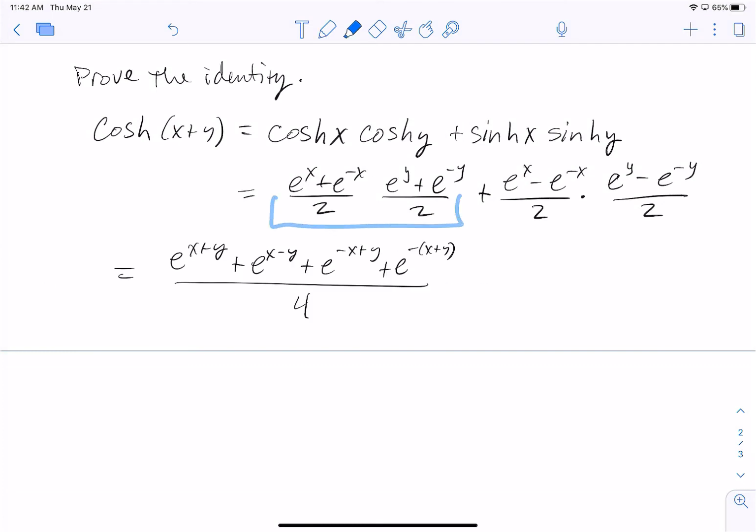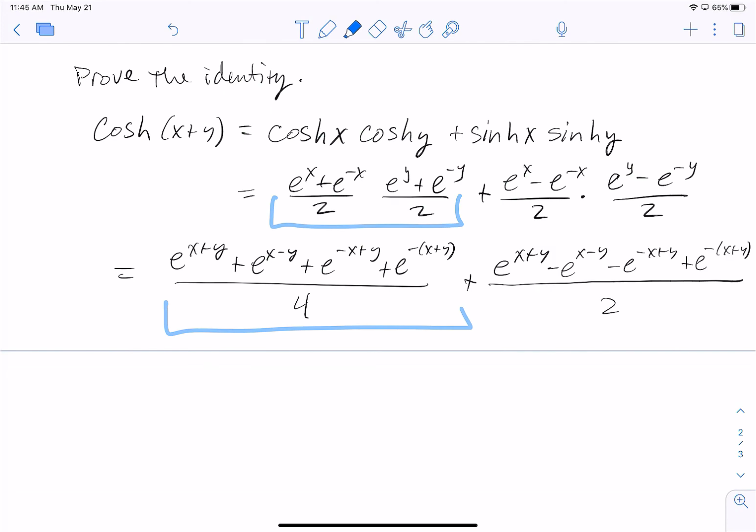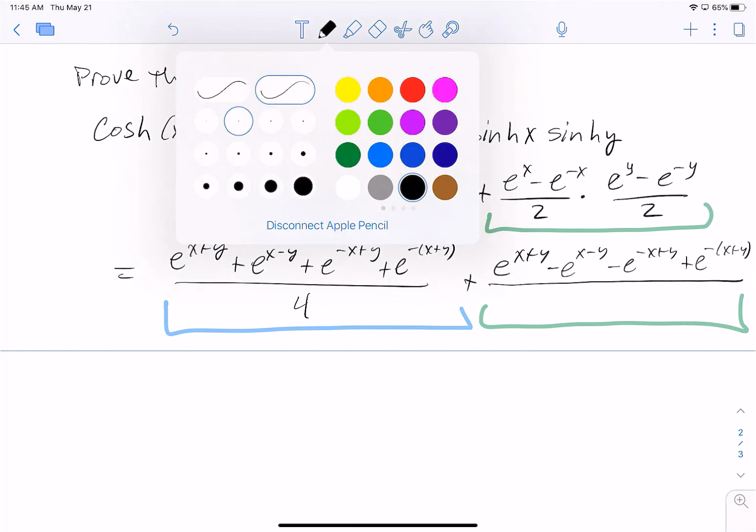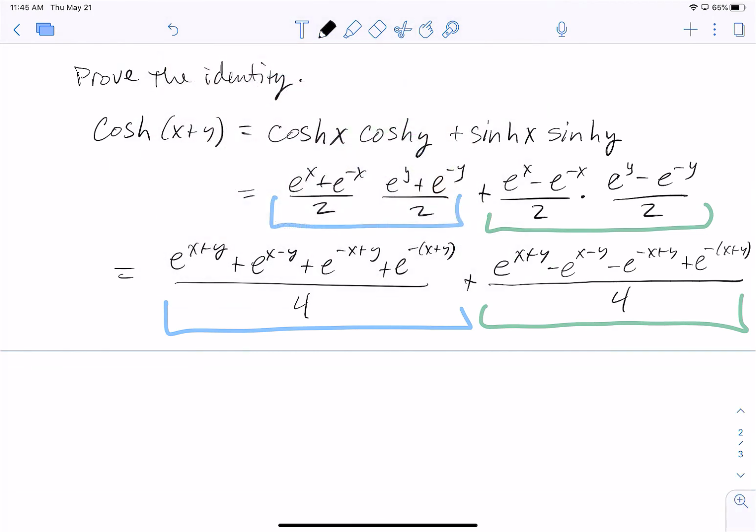That takes care of the first two factors there, plus the result of performing the same kind of multiplication with the second term. And we end up with, instead of pluses in front of the e to the x minus y and e to the negative x plus y, because we had two differences that we were multiplying together, those are minuses. And I see that I wrote a denominator of 2, and it should be 4.